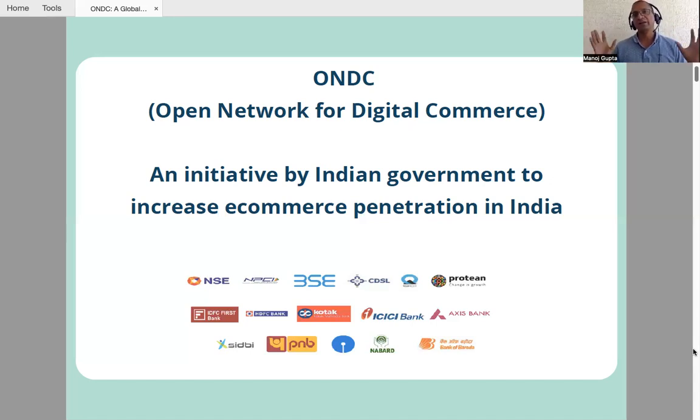So it is designed at a population scale. It is designed for India, for everyone who wants to sell and buy across India. It is business model agnostic, location agnostic, and category agnostic, which means it works across categories.